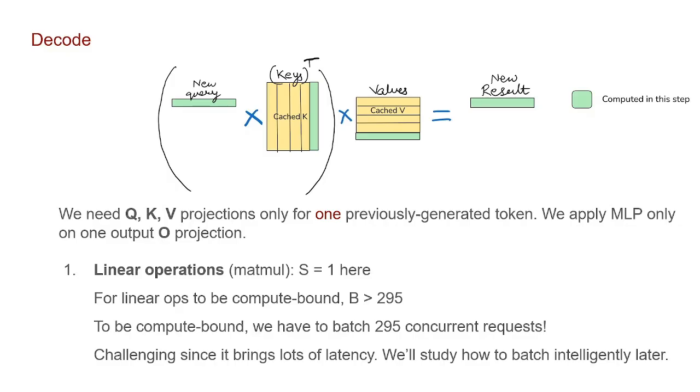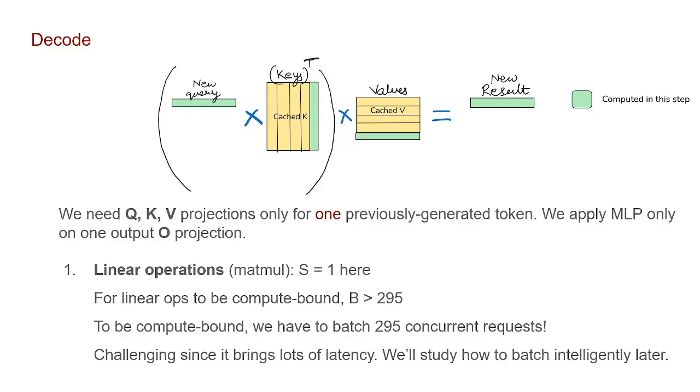And this implies that we are having 295 concurrent requests. We are batching them together. So we are having these many prompts we are processing together. And it's actually quite hard to be able to batch these many prompts. Among some of the reasons is that different prompts have responses of different lengths.